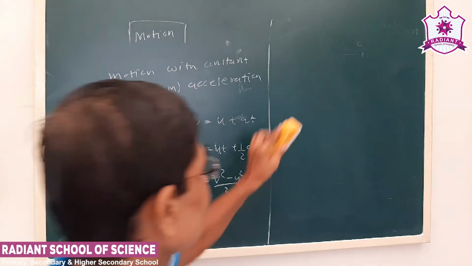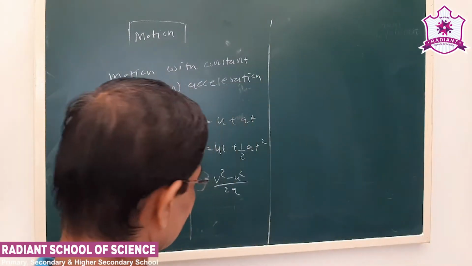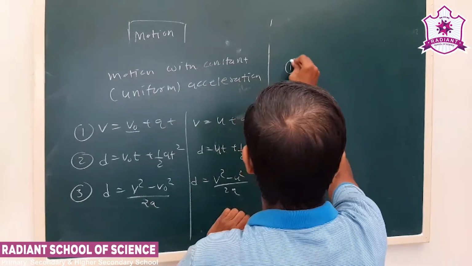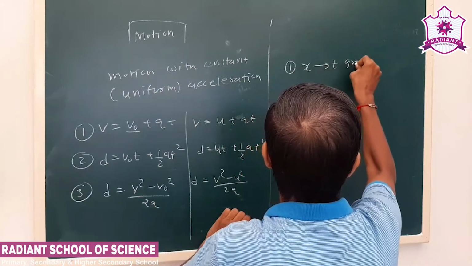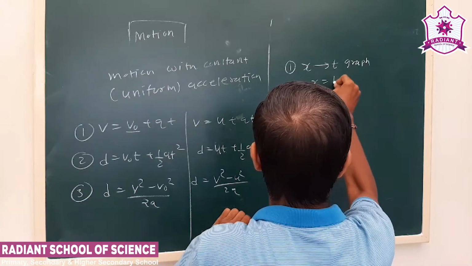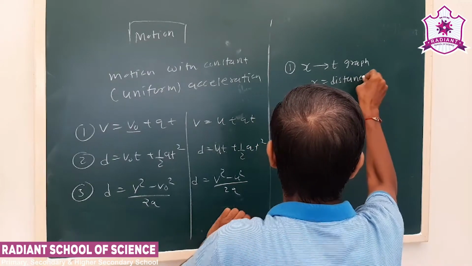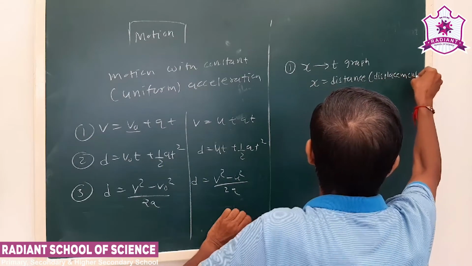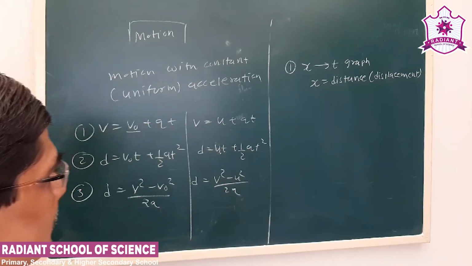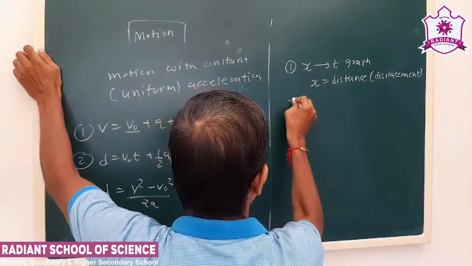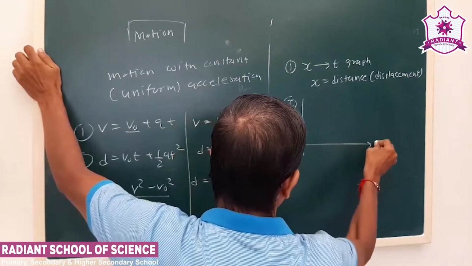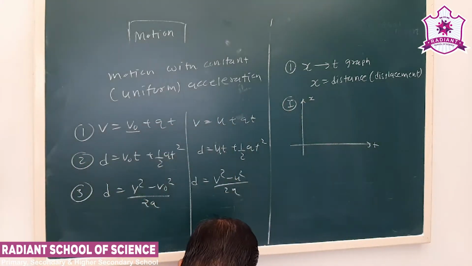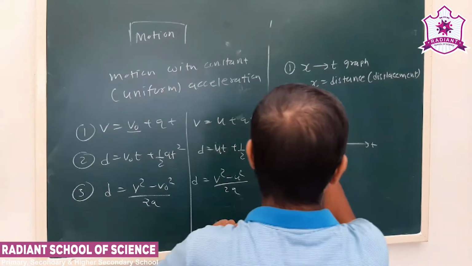Now let us talk about the graphs we discussed. First was the x versus t graph. x may be distance or displacement. Now see the first graph: the x versus t graph is parallel to the time axis.